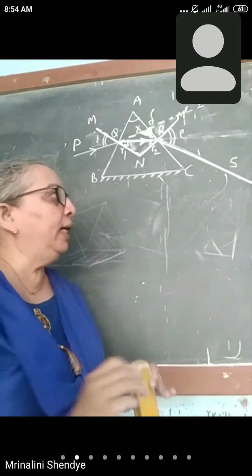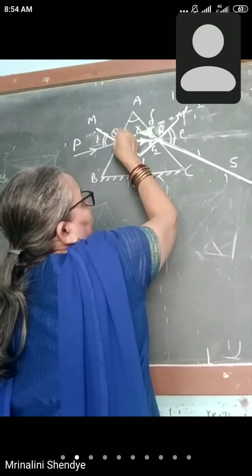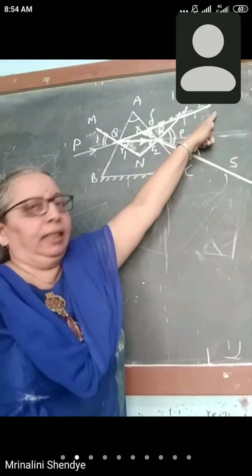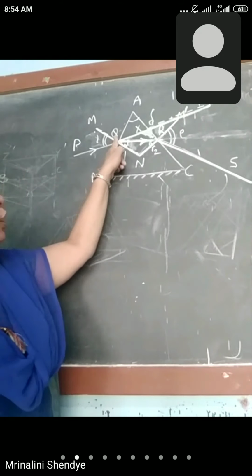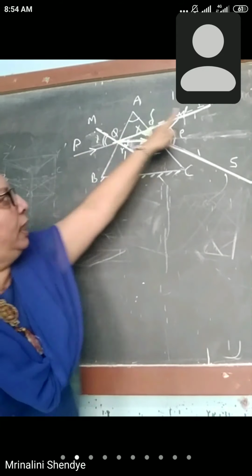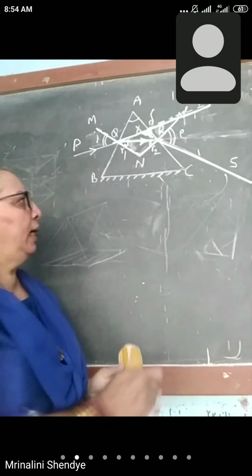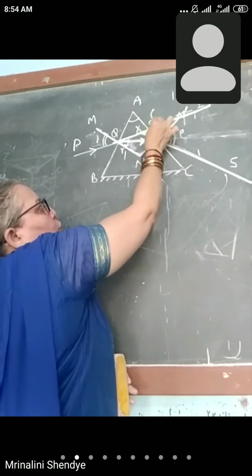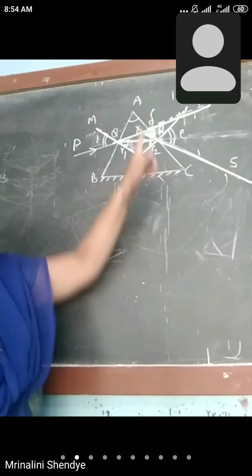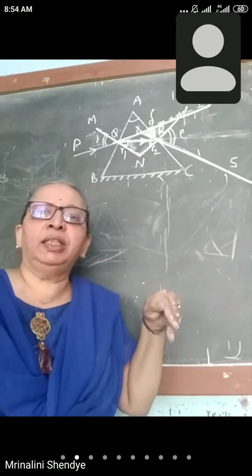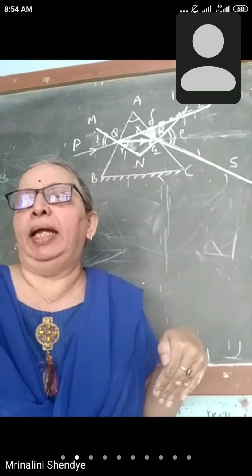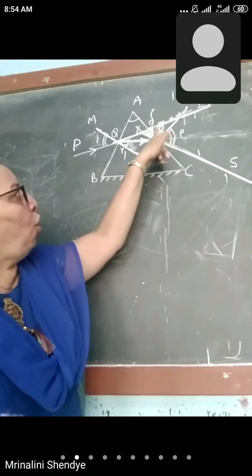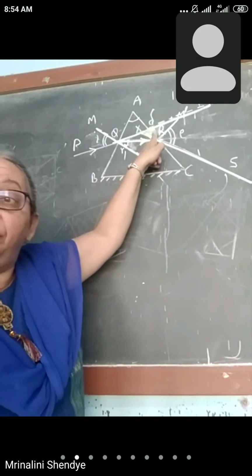To find it, what will we do? We will extend the incident ray in the forward direction, that is PQ to T, and the emergent ray in the backward direction. So the angle between these two, वो क्या रहेगा? The angle through which it has changed its direction when it emerges out of the prism. This is called the angle of deviation.